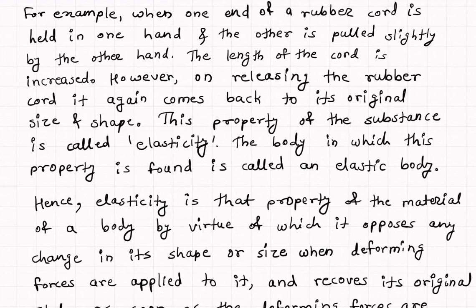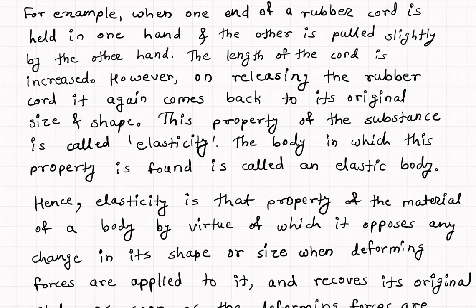For example, when one end of a rubber cord is held in one hand and the other is pulled slightly by the other hand, the length of the cord is increased. However, on releasing the rubber cord, it again comes back to its original size and shape. This property of the substance is called elasticity.